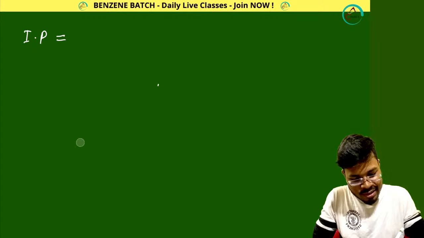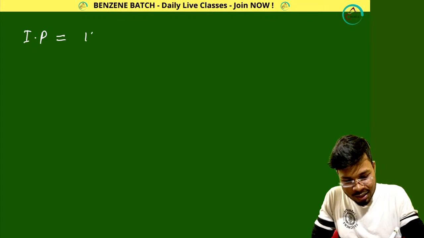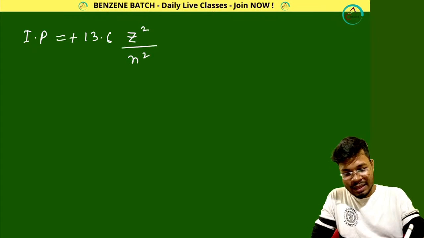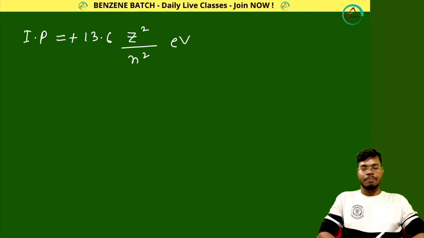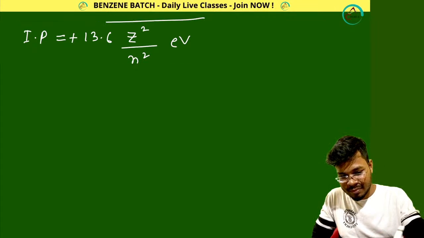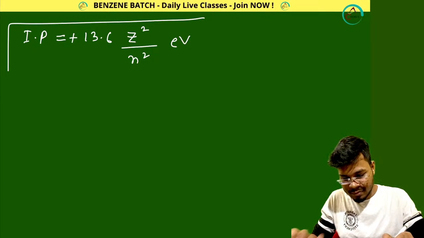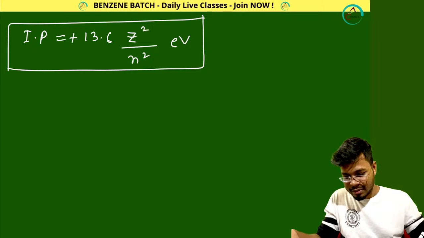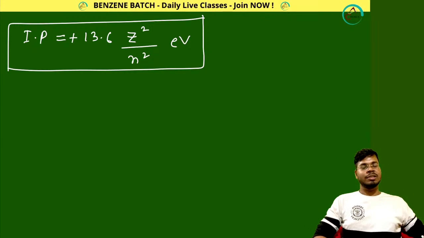The simple formula is 13.6 Z square divided by n square electron volt. This is the simple formula to get ionization potential.